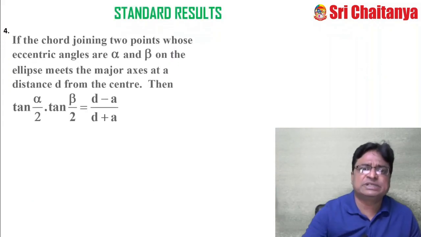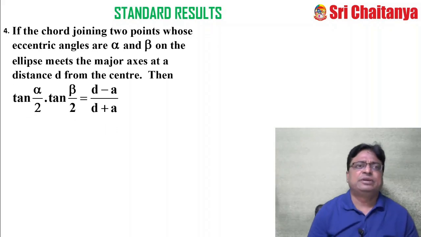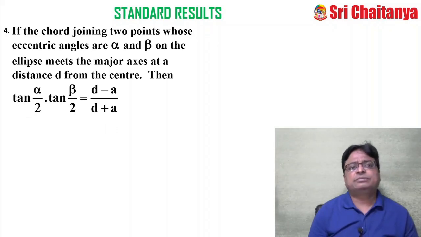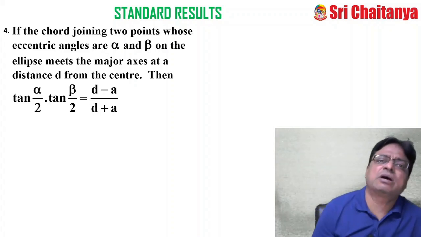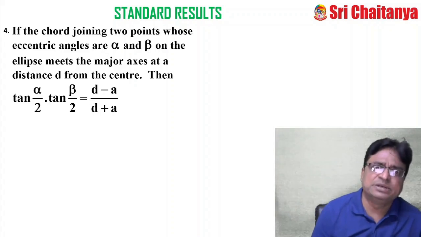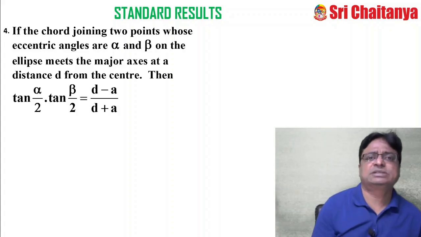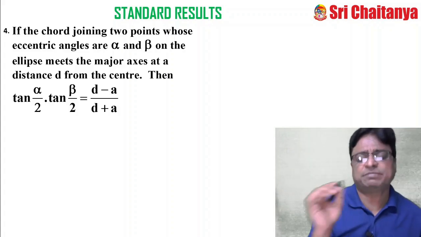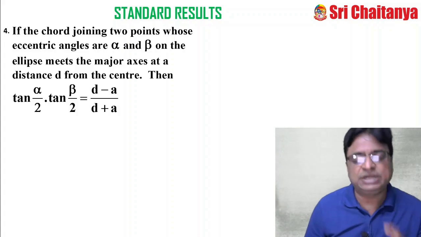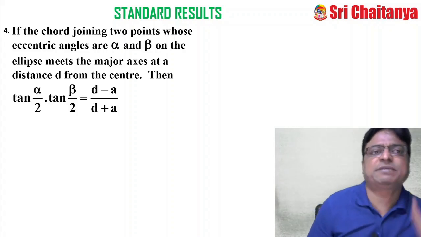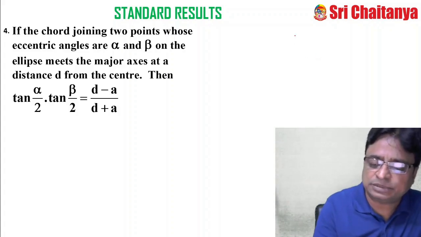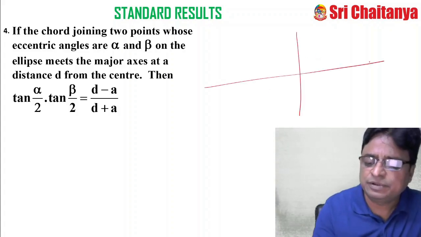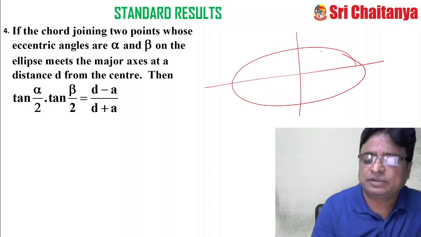And of course, my friends, another important one: if the chord joining two points whose eccentric angles are alpha and beta on the ellipse meets the major axis at a distance d from the center. Read the statement very properly. What is given for you? See, this is the ellipse.